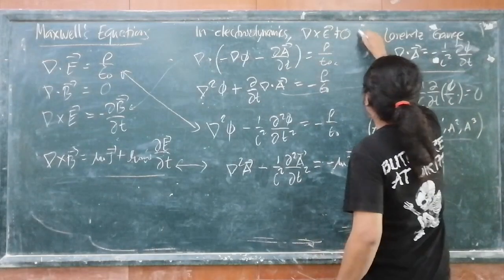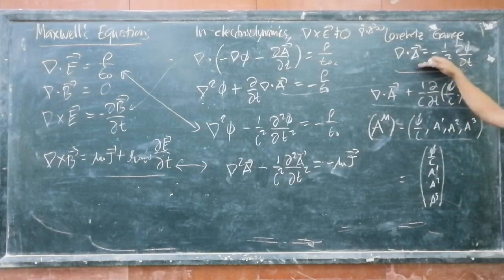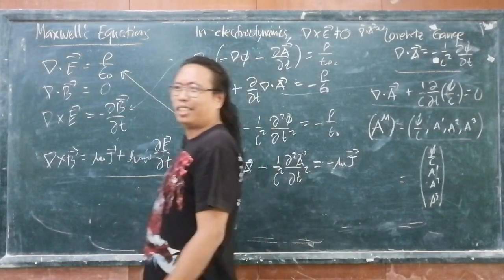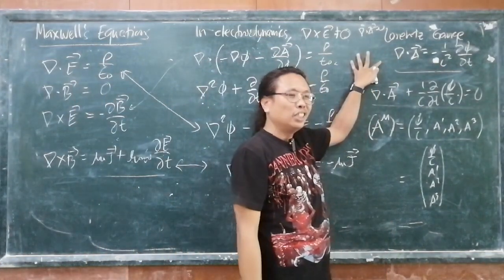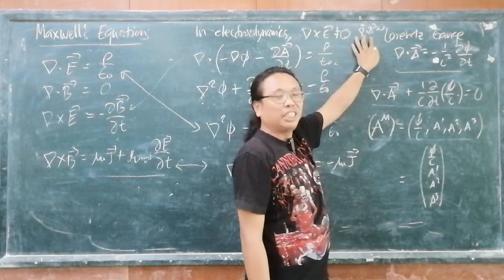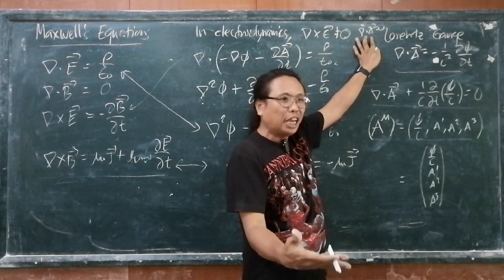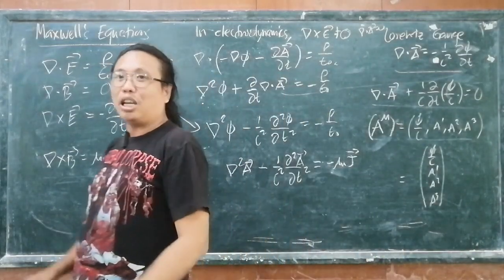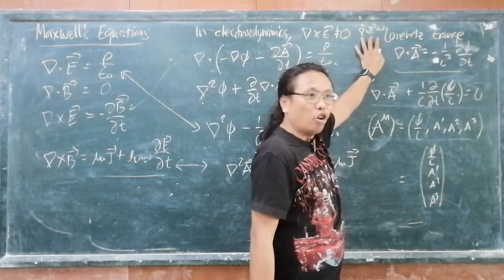I said the Coulomb gauge is del dot A equals 0. So how about this one? Sorry, not the gradient, divergence. Setting the divergence, the Coulomb gauge is saying that we want the kind of vector potential that is divergence-less. It's our freedom. That's actually the Coulomb gauge.